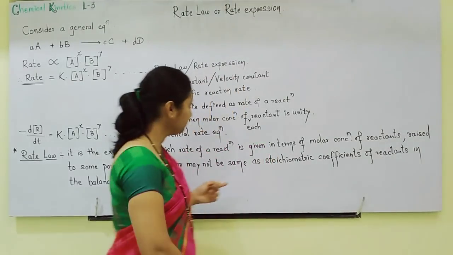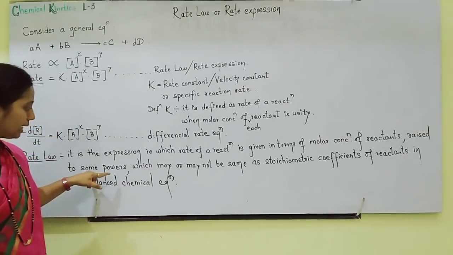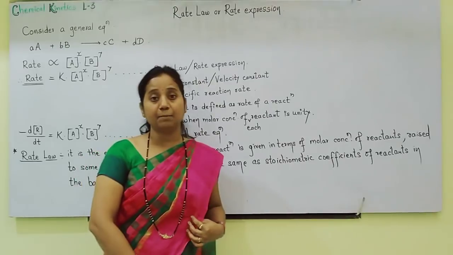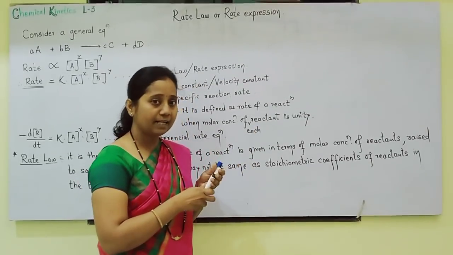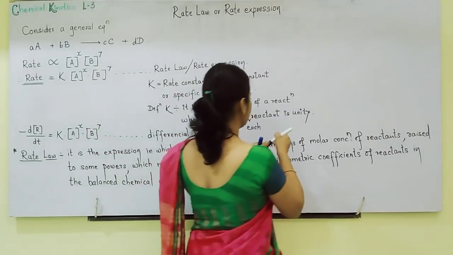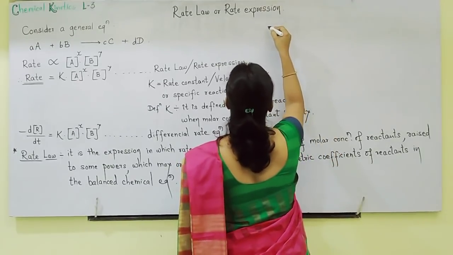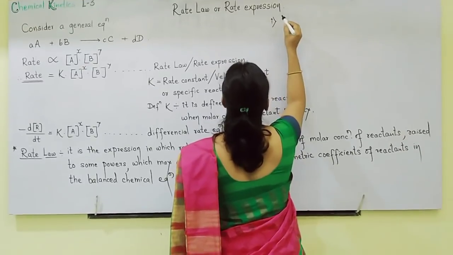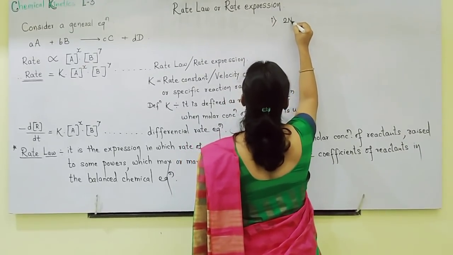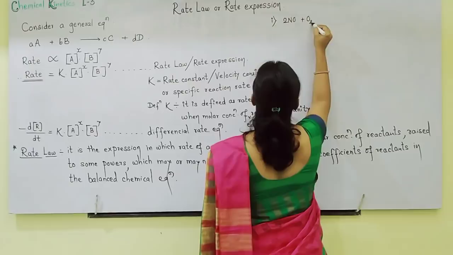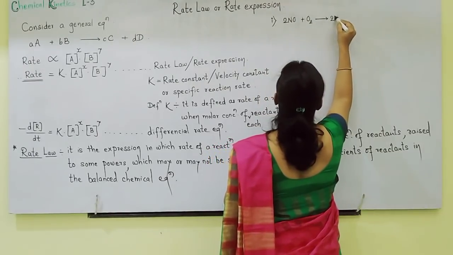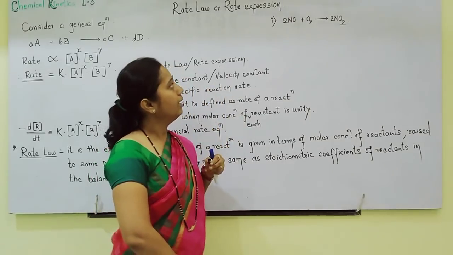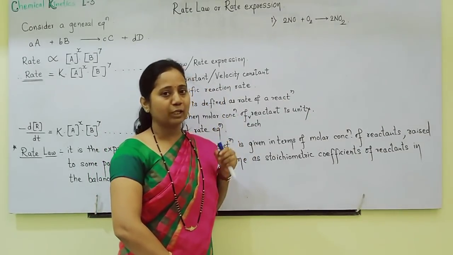For example, see here. I told that sometimes it may or may not be the same as the stoichiometric coefficient in the balanced chemical equation. I will write a few examples here, students. First example I will write: NO plus O2 gives NO2.